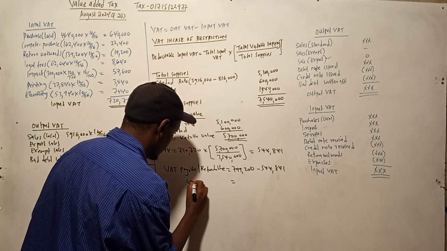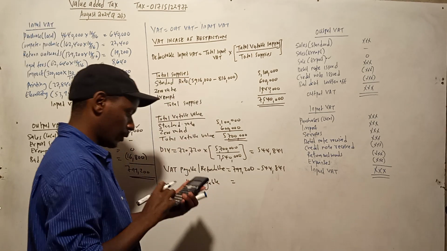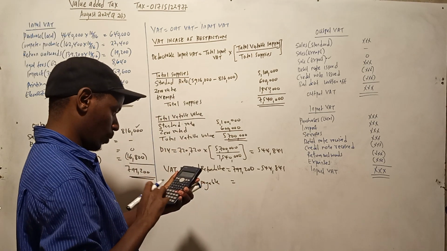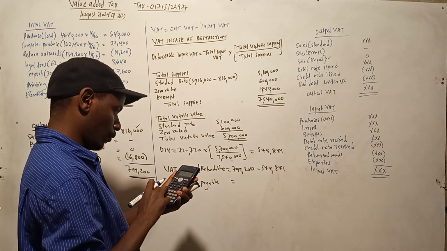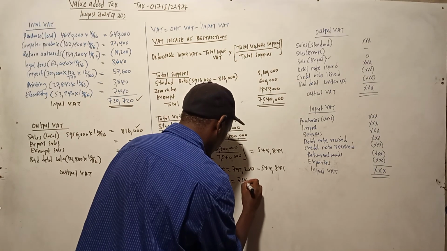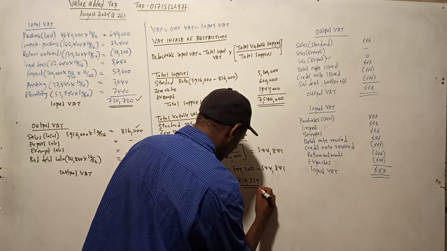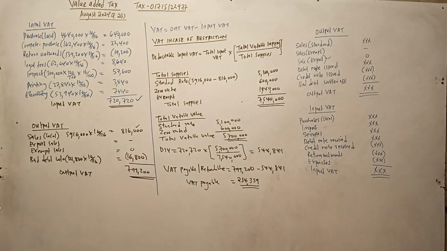That will be the VAT payable because it is positive. They are supposed to pay 799,200 minus 544,841, which is 254,359. So that's the value of the VAT payable.